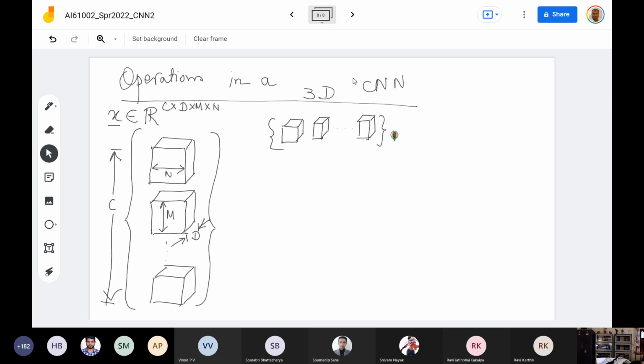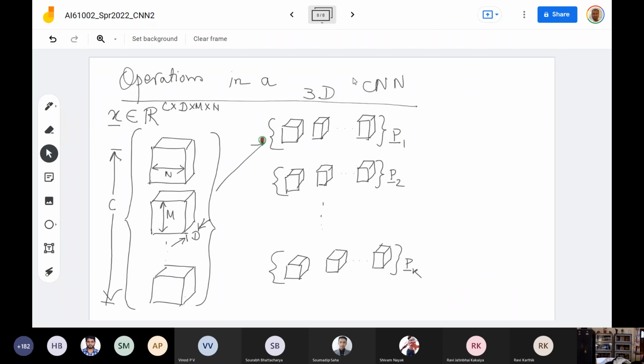This one, which I called as P1, I can similarly have P2, and like this up to Pk.